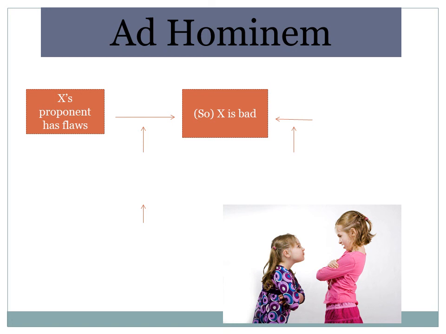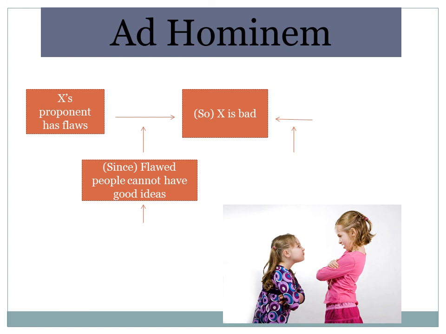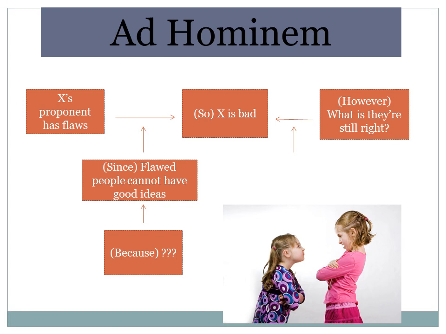An ad hominem attack is based not around proving that an idea is flawed, but around proving that the person arguing for it has some problem. And the warrant of that becomes flawed people cannot have good ideas, which is obviously very difficult to prove. What if that person's still correct, even if they are reprehensible in some other way, right?